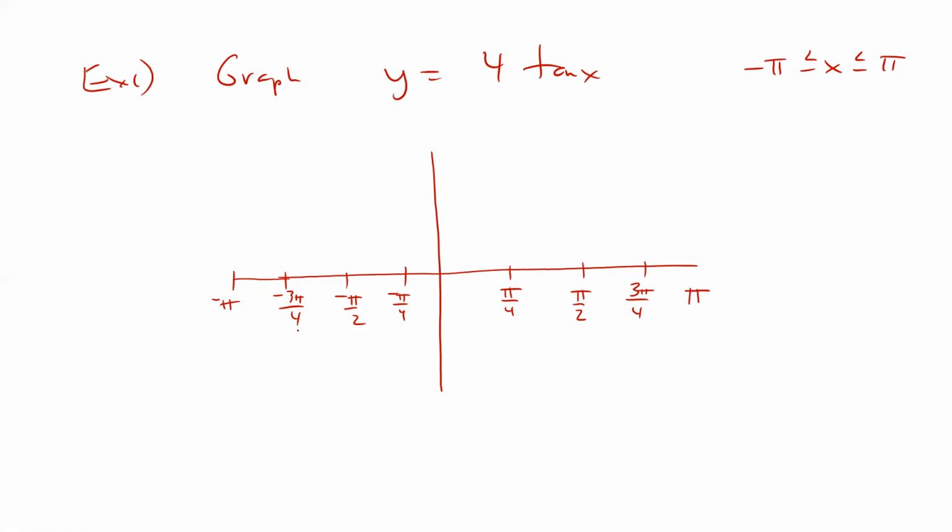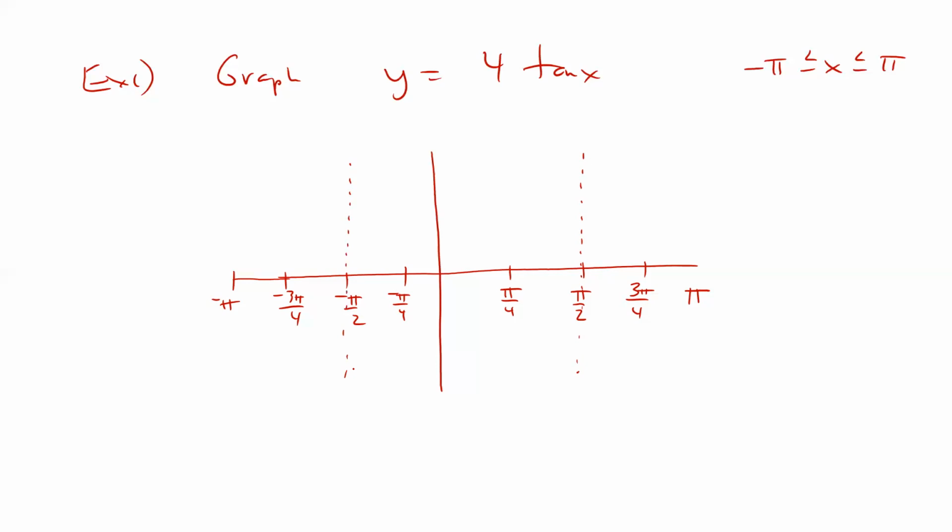So all we got to do here is put in our asymptotes. I think it's still at pi over 2, right? Didn't move there. And we know tangent is an odd function, so it's going to do the exact same thing on the other side as well, right? So the zeros are still going to do that.